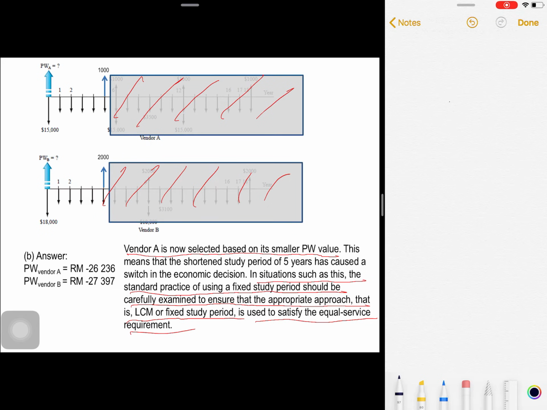When you use two different methodologies to calculate the PW of two competing alternatives, things may turn around. It all depends on which standard practice you want to use, whether a fixed study period or the LCM method.